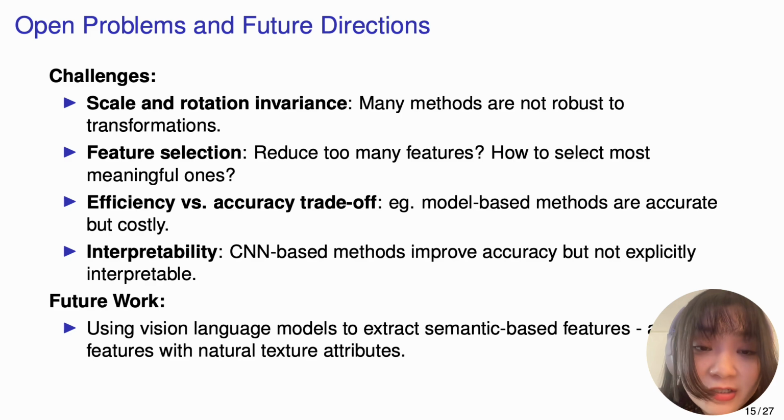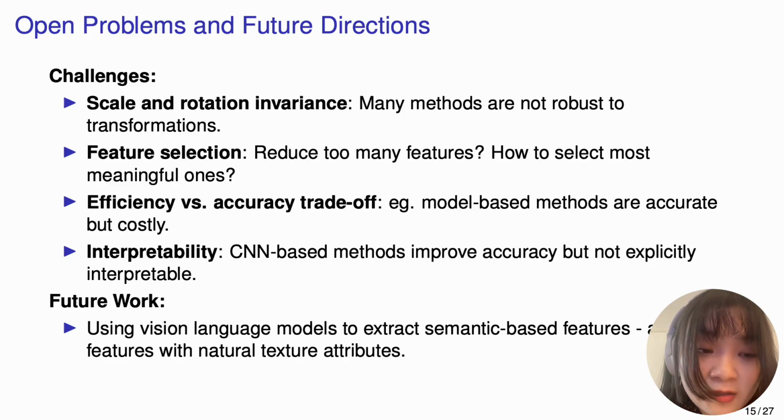Sometimes we get hundreds of thousands of features and we have to reduce them. So it's a problem how to select the most meaningful features. And then the efficiency-accuracy trade-off, we have to pursue the trade-off. Like the model-based methods, they are accurate but costly. We have to solve that.